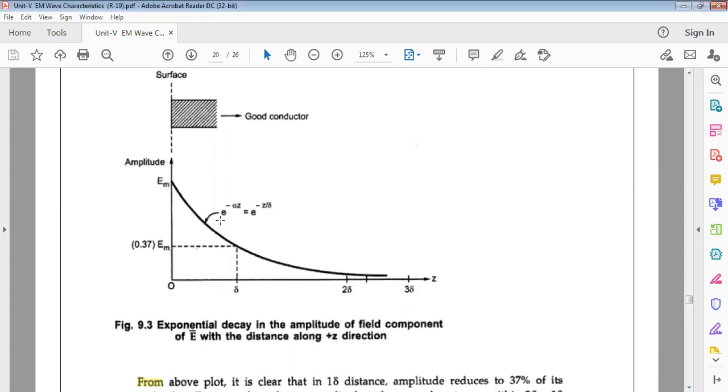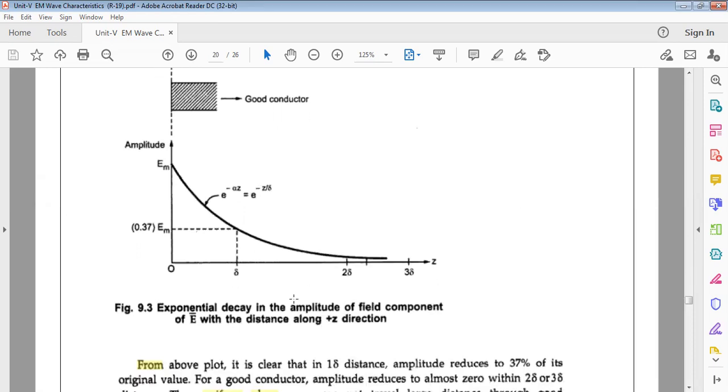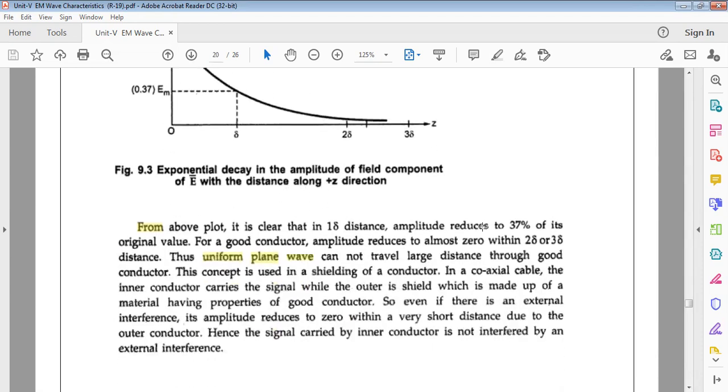See the EM and HM at the surface of the good conductor, a thin surface, where the amplitude is EM. After traveling the depth of penetration, some distance, the amplitude reduces to 0.37, which is 37% of its original value, and it keeps decreasing when it travels more, exponentially decaying with distance along the positive z direction.